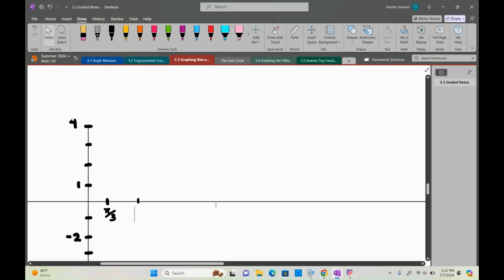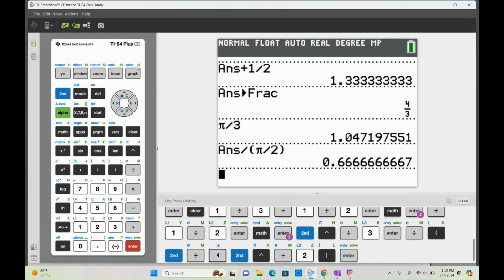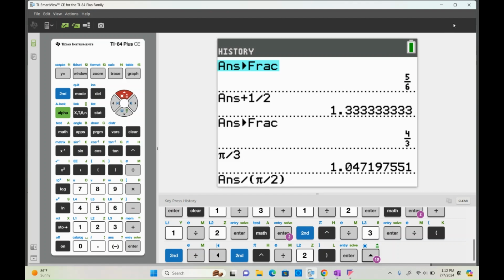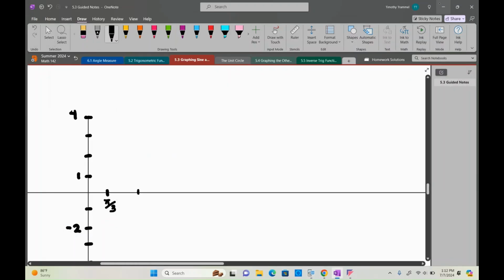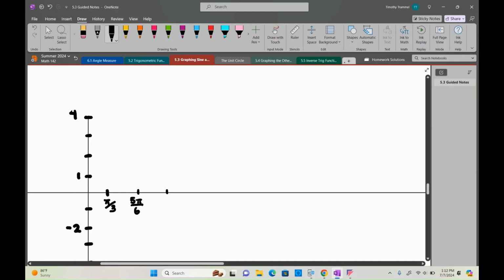So we said that the next one would be 5 pi over 6, I believe. It's up here. Yeah, 5 pi over 6 and then 4 pi over 3. Let me double check that, but I'm pretty sure it was 4. Yeah, 4 pi over 3.